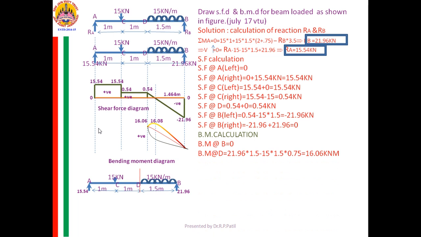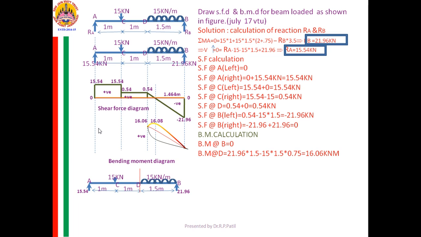The total it will become, here I have considered the right side and I got the answer as 21.96 into 1.5 minus 1.5 into 1.5 into 0.75, and I got it as 16.06 positive.